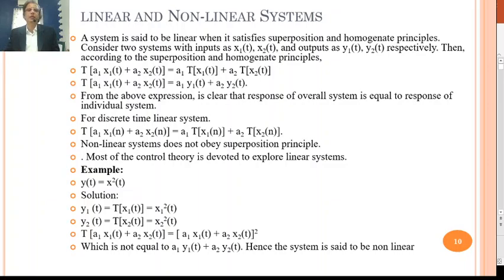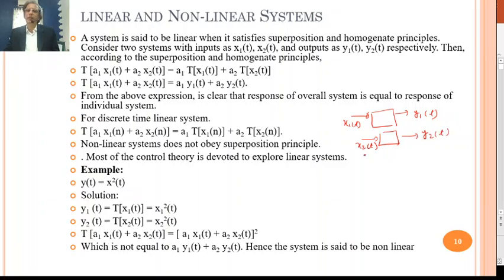Consider two systems with inputs x1(t) and x2(t), and outputs y1(t) and y2(t). Means the input given to the system is x1(t), then the response is y1(t). Similarly, the input given to the system is x2(t), and the response is y2(t).